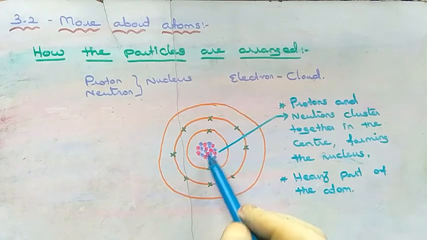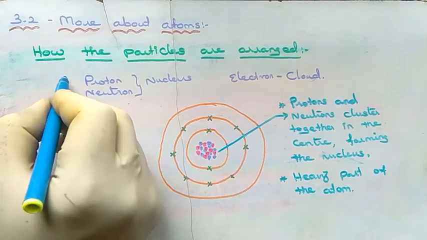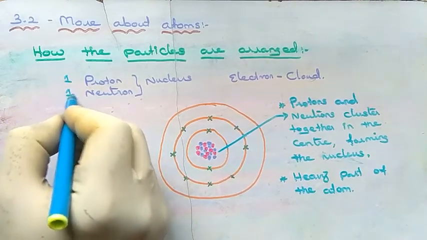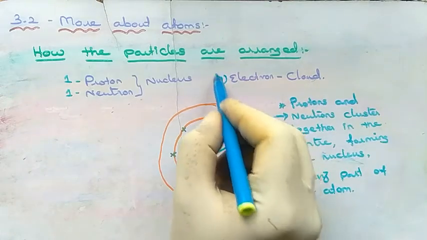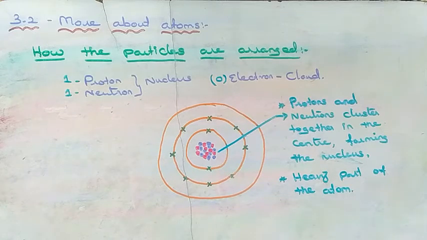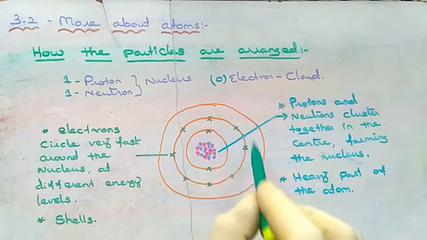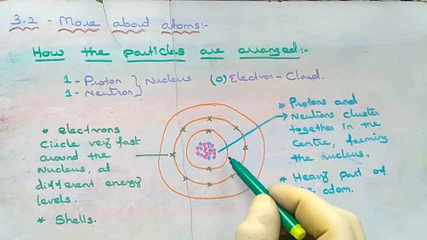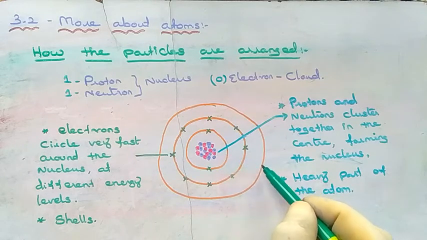As we know already, proton has 1 mass unit, neutron has 1 mass unit, whereas electron has almost 0 mass. Due to that, the nucleus is the heavy part of the atom, and electrons circle very fast around the nucleus at different energy levels, and these energy levels are called shells.